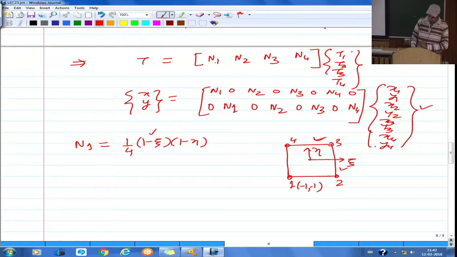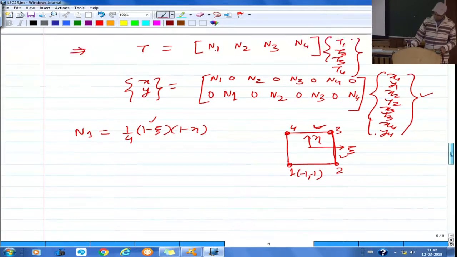If I put xi and eta as plus 1, again this is 0. If I put eta equal to plus 1, because of this term it would be 0. So you find that N1 is unity here, and it would be 0 along this entire edge, and 0 along this entire edge, with some variation from 1 to 0 within the element.